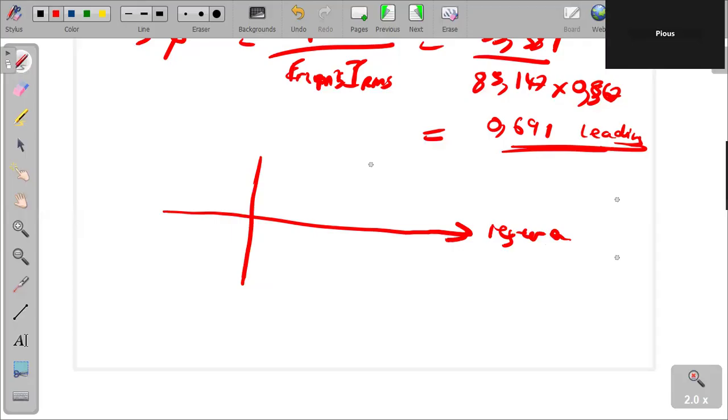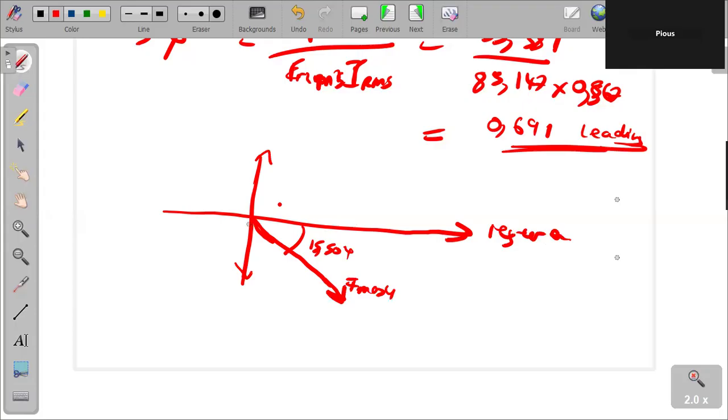We did calculate Imax 1, we got our phase angle as negative 15.504. So we can indicate it here, that's our minus 15.504 in this quadrant. That's our Imax 1. We'll label it Imax 1.